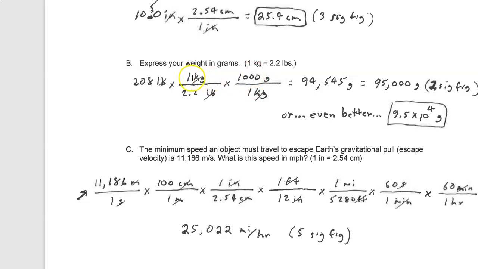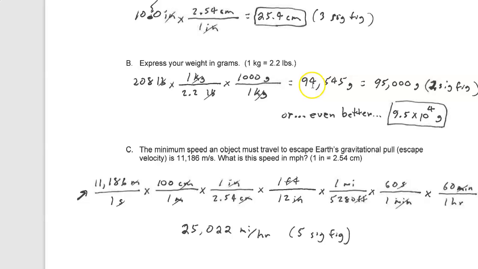These are exact, that's exact. There's only 2 numbers here with error in them, the 208 and the 2.2. How many significant figures should I have in my final answer? 2. The same as the least number of significant figures here, this 2.2. That's my limiting factor there for accuracy.